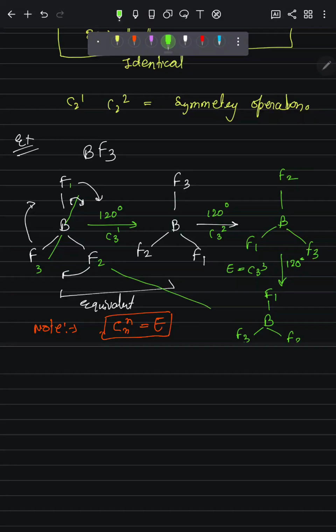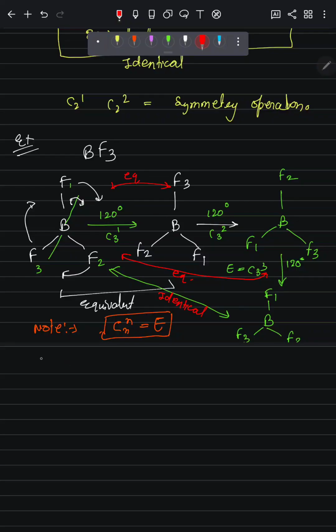So these are equivalent structures, and this is also an equivalent structure.